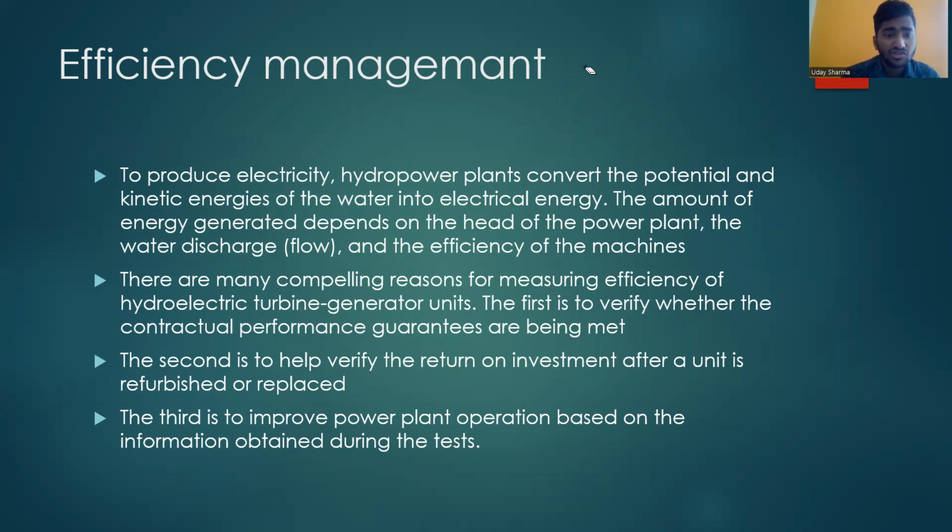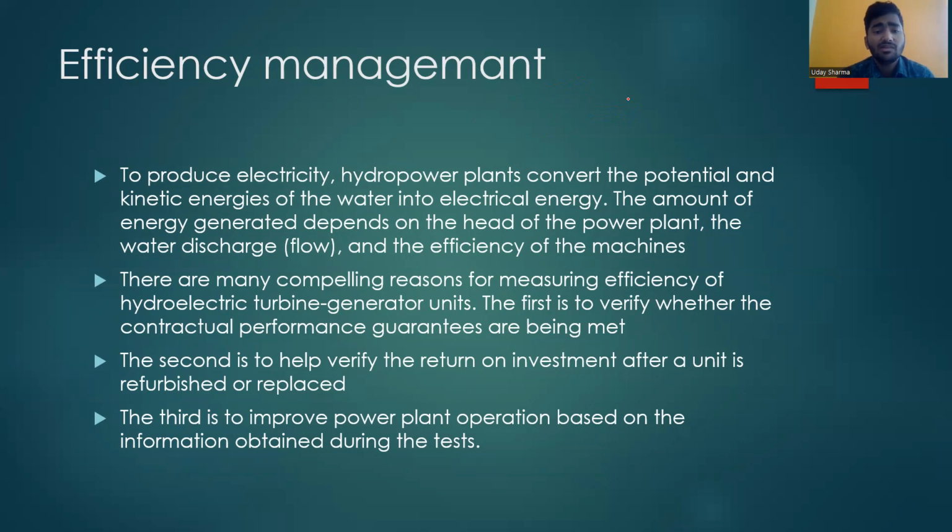It also depends on the water discharge, like the size of the penstock. If the penstock is large, the water comes with a great force. If the penstock is small, the force varies, depending on the size of the penstock. And it depends on the efficiency of the machines, like how efficiently the turbine works.